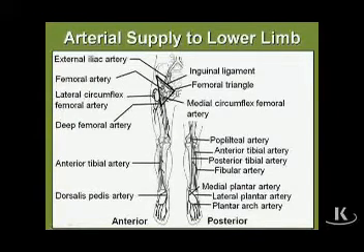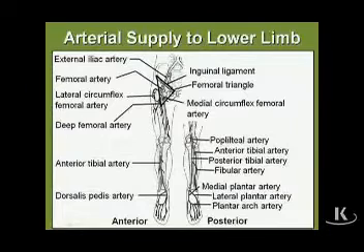The artery that will take care of the posterior thigh is a branch of the femoral artery called the deep femoral artery. So the deep femoral artery leaves the femoral artery and then sends branches that perforate through the adductor magnus and go to the posterior thigh. So the deep femoral is responsible for the posterior thigh. The femoral artery itself is responsible for the anterior thigh.